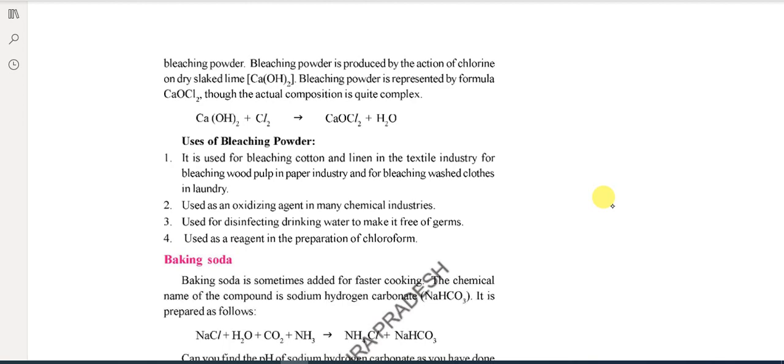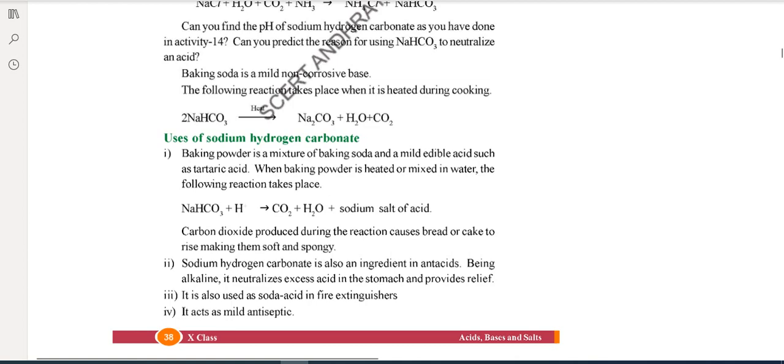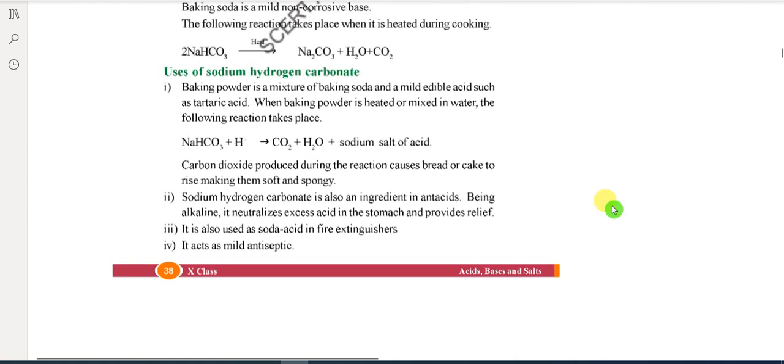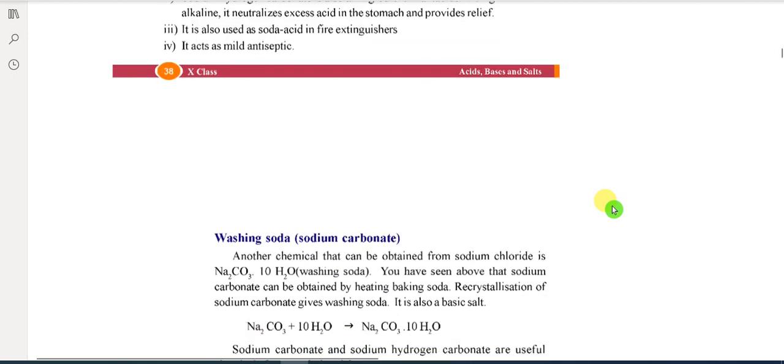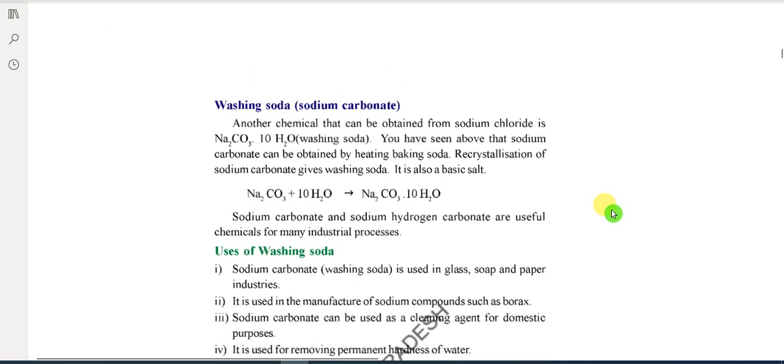And uses are important: uses of bleaching powder and baking soda. Baking soda is sodium hydrogen carbonate. Sodium carbonate is washing soda. Washing soda means sodium carbonate, and uses also.